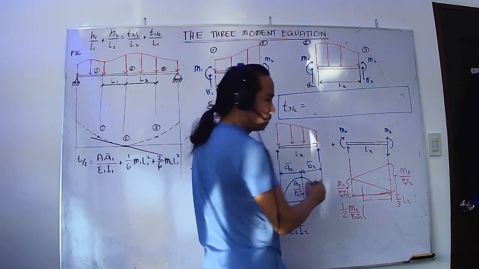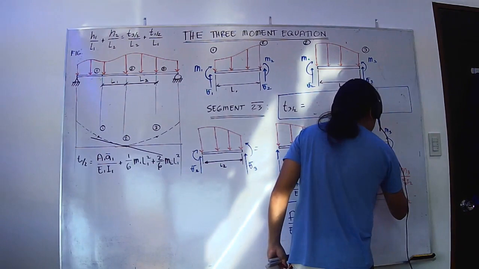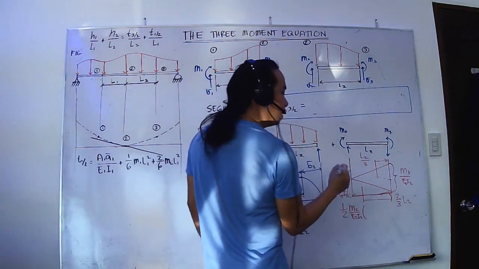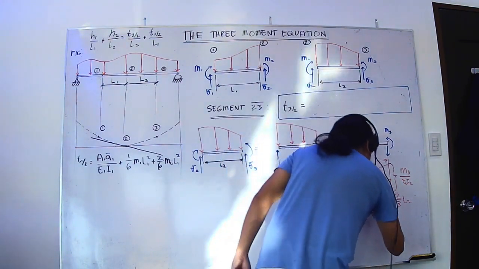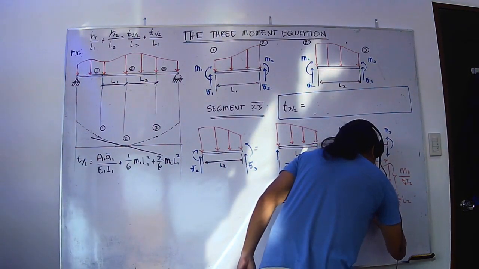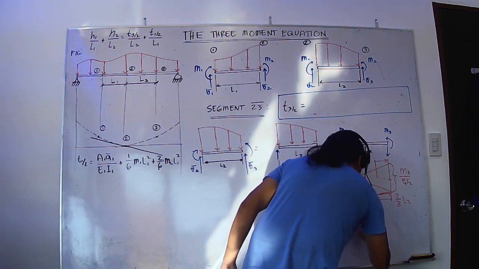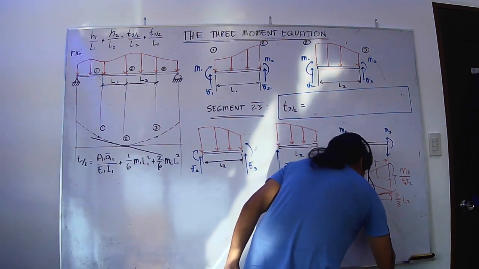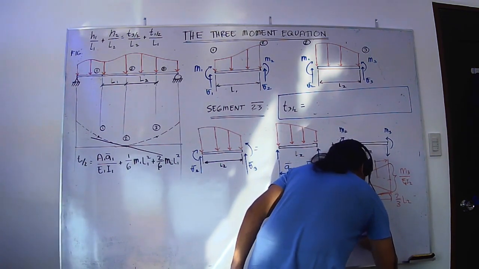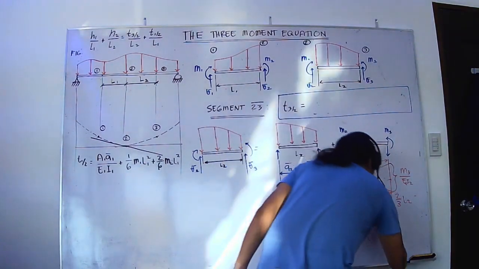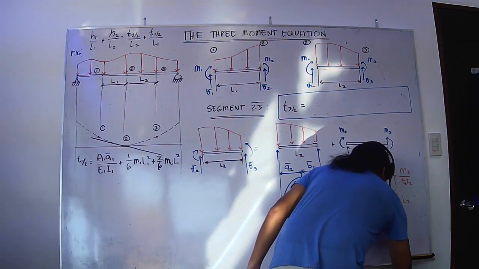And its distance from here to here, that should be L2 over 3. This is 2/3 of L2. Okay? Plus 1/2 M3 E2I2. Its moment arm here would be L2 over 3. Okay? So we have something like this.